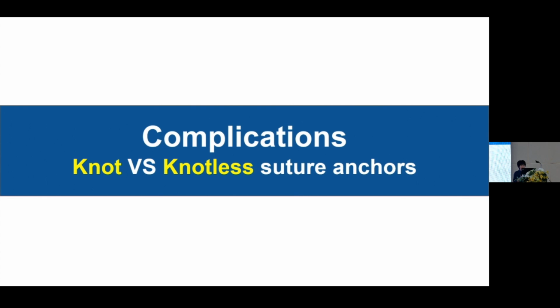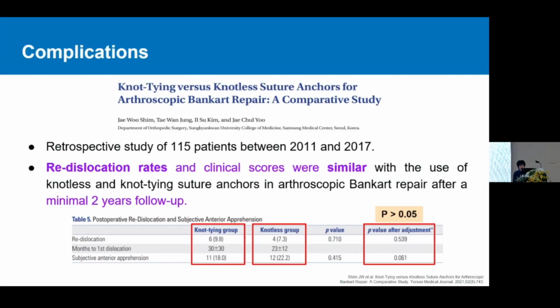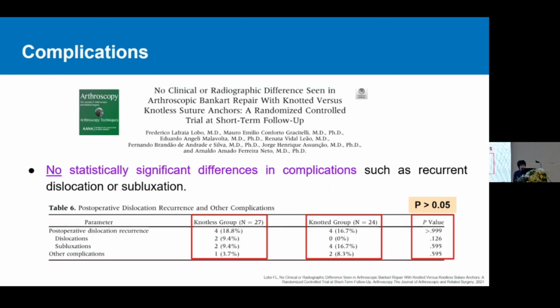Complications. The retrospective study of Dr. Jai from 2011 to 2017 found that the redislocation rate was similar between the two suture anchors after a minimum 2 years follow-up. And the study by Dr. Federico, as I previously mentioned, also found no statistically significant difference in complications, such as recurrent dislocation or subluxation.